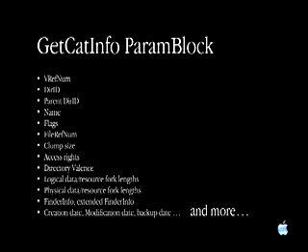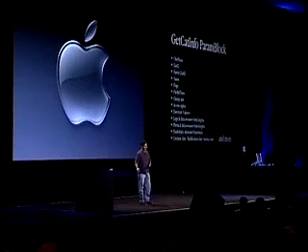In fact, I couldn't even fit everything that GetCatInfo returns to you. It's just an enormous amount of stuff. And back when PBGetCatInfo was first created and exported as a system call, it made perfect sense because it was a great reflection of the underlying volume format, right? On HFS disks, the catalog information is stored in one section of the disk.